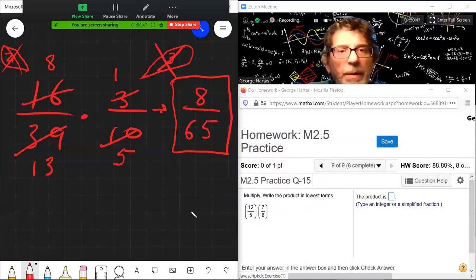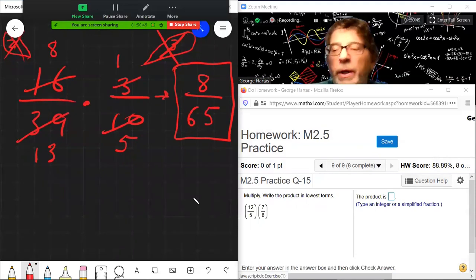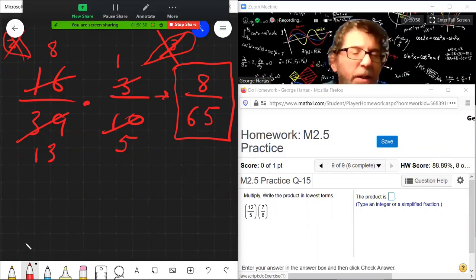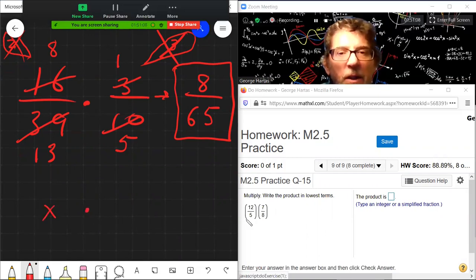Now, the next problem here uses parentheses instead of the multiplication dot. It's really the same thing, right? Because recall from way back in Math 25, multiplication could be written in 3 different ways: the times, the multiplication dot, or parentheses, multiplying with something else, either a number or another set of parentheses.